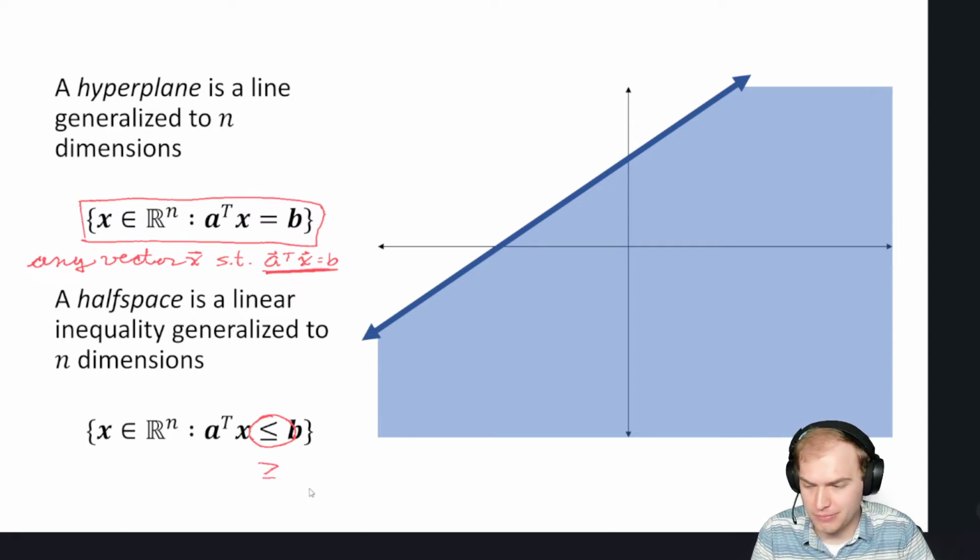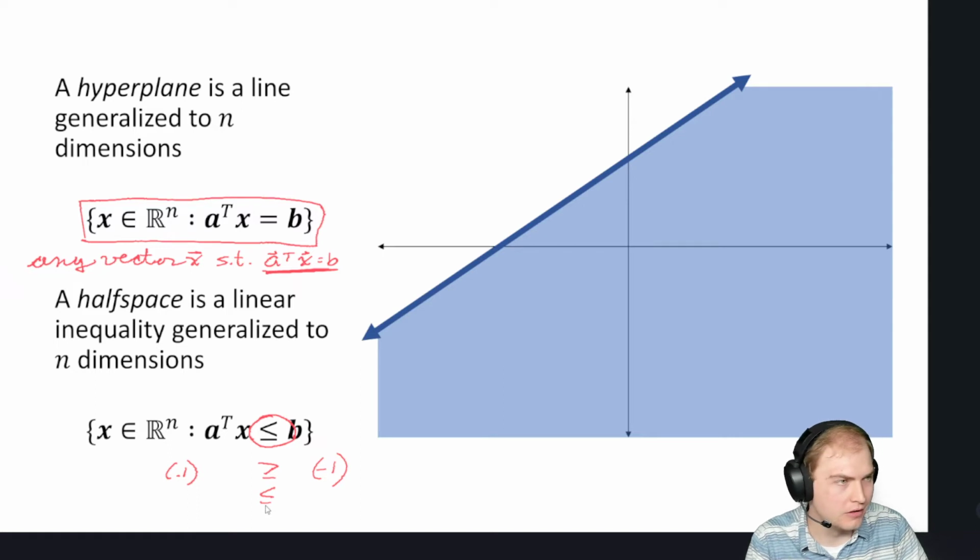But remember that if we multiply by -1 on either side, we can flip the inequality arbitrarily between less than or equal to and greater than or equal to.